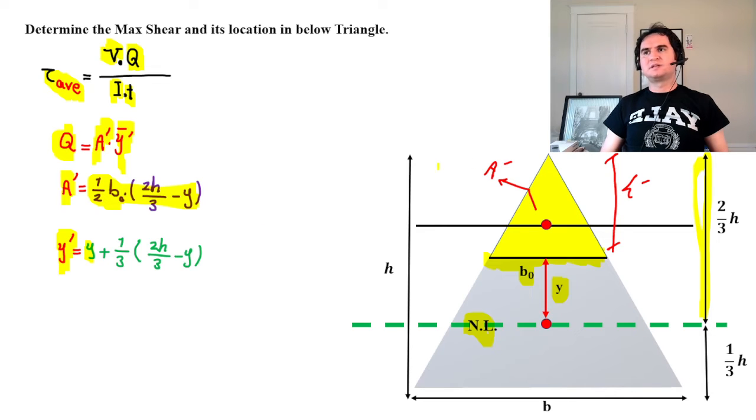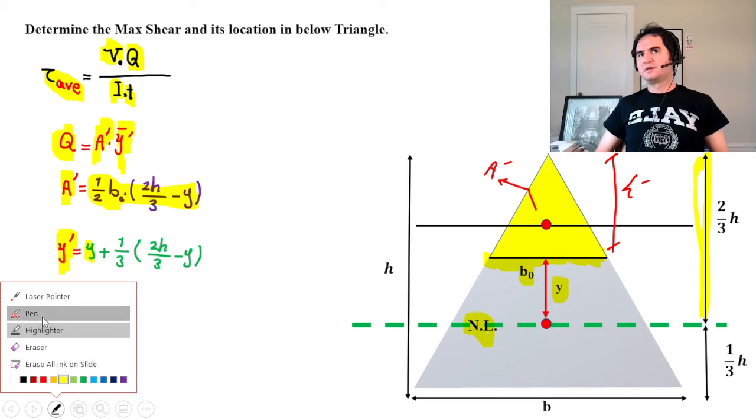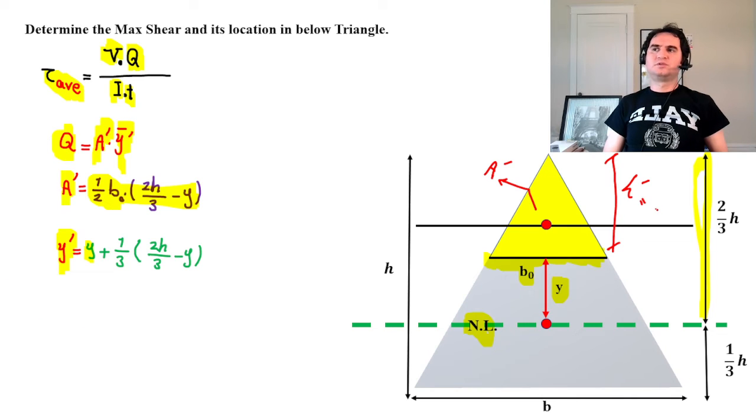If h prime is equal to 2/3 of h minus y, we just need 1/3 of that for the centroid. So that's 1/3 of h prime. So that's y bar prime.